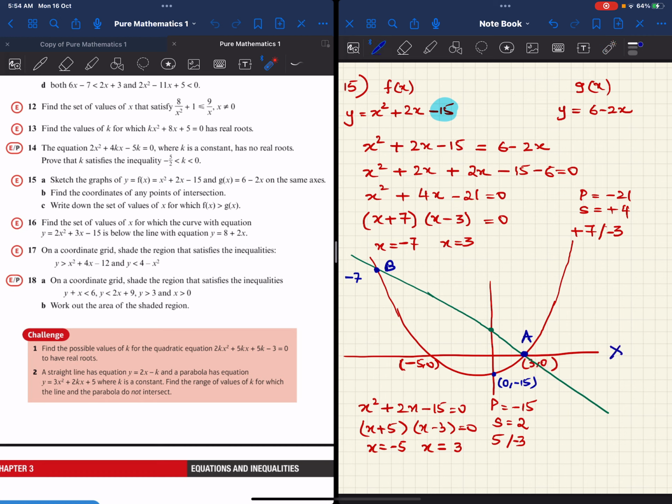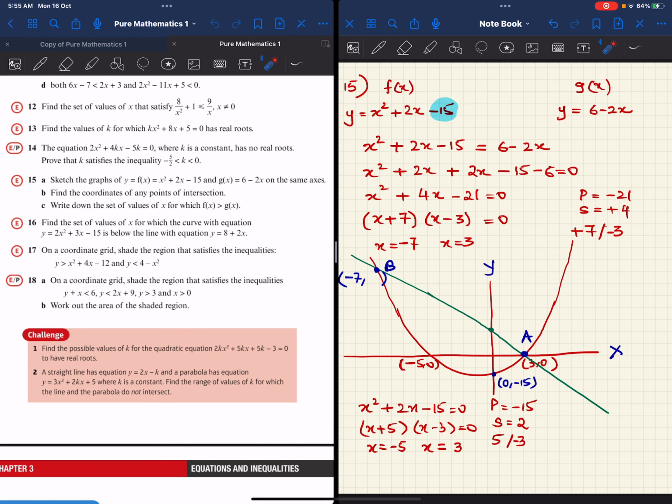On the x-axis, y coordinates are always 0. So we need to find the y coordinate of the point B. We can use this equation here because this gives us the y value. We can use this one also, but since this one is easier, we go for this.